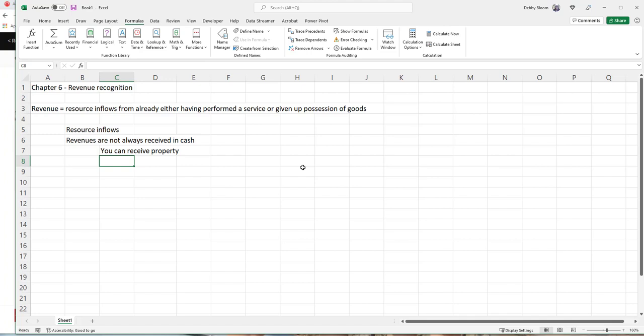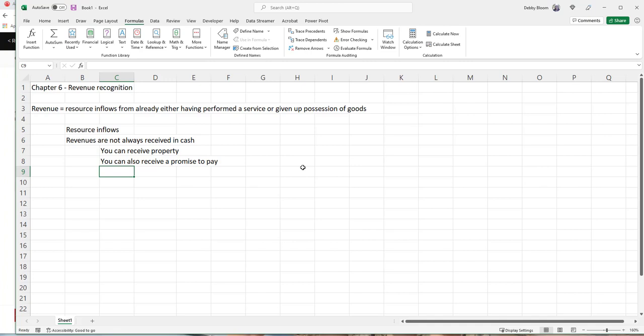So even if you didn't get it in cash, you would still have the revenue. And also in accounting, because we have accrual accounting, you can also have a promise to pay. So unless you receive either cash, property, or a promise to pay, there's no revenue.